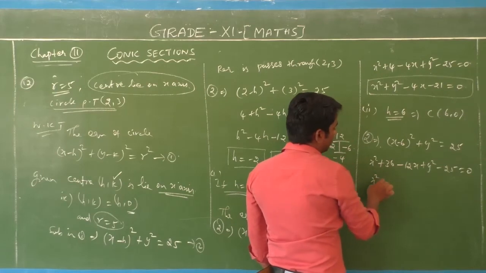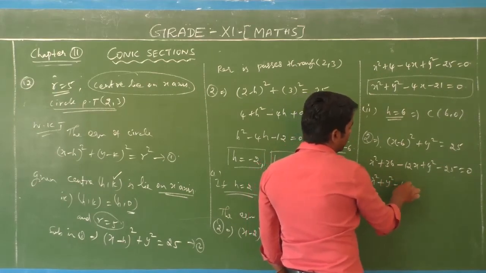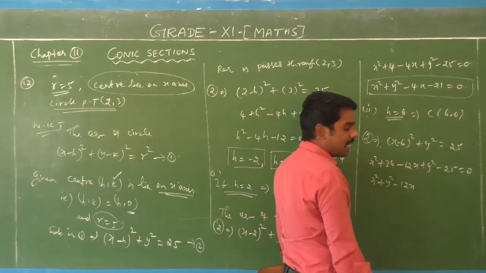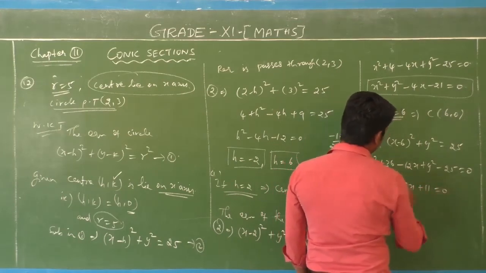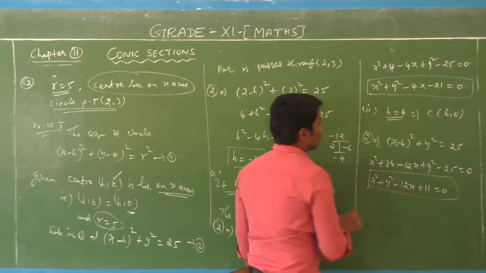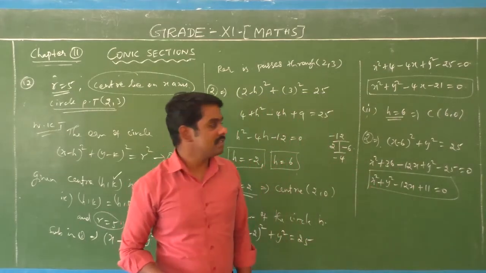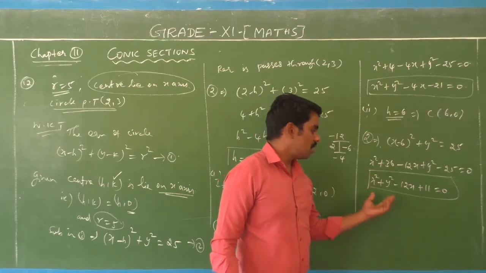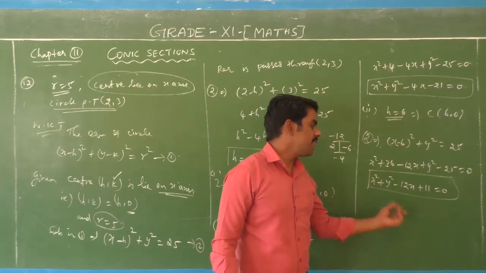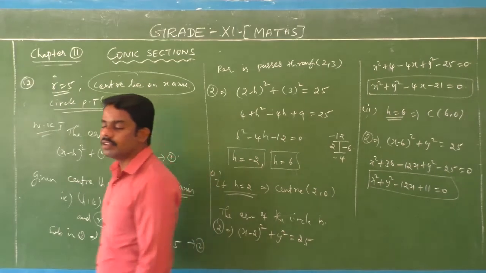So x square plus y square minus 12x plus 11 equal to 0. Therefore, the required equation of the circle is x square plus y square minus 4x minus 21 equal to 0, or x square plus y square minus 12x plus 11 equal to 0.